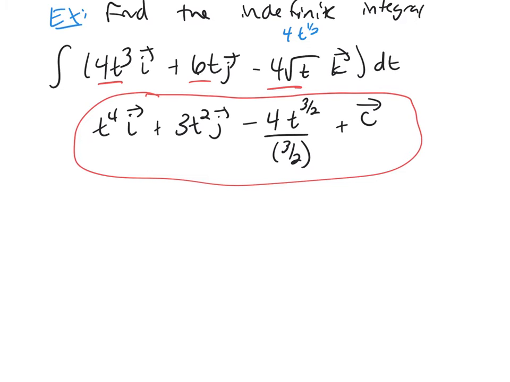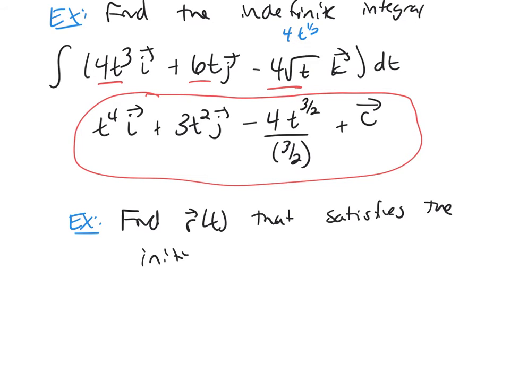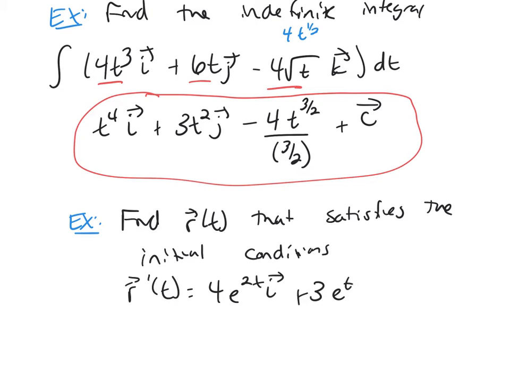So let's look at another example involving integration. Let's find r of t that satisfies the initial conditions. R prime of t must be 4e to the 2t i plus 3e to the t j, where r of 0 is 2i.